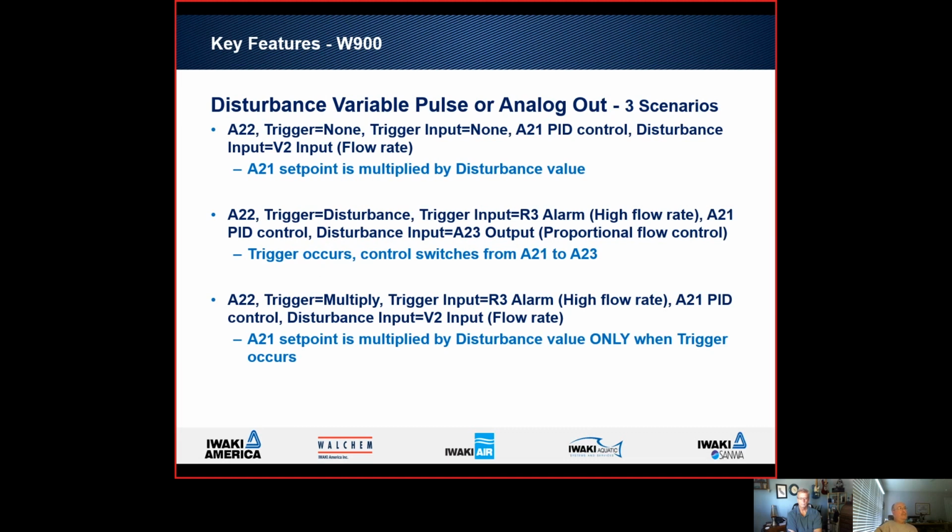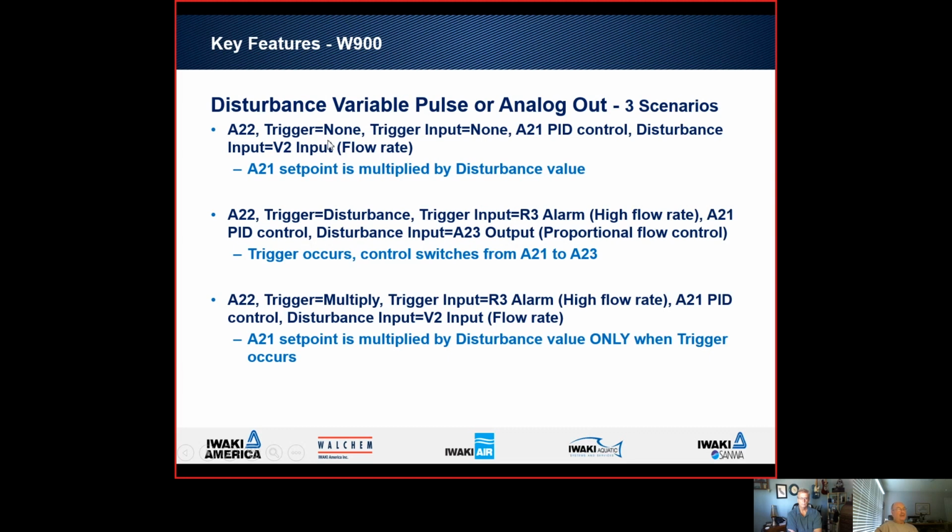If we're controlling a pump using an analog output, in this case A22, and in our menu the trigger is set to none, in this case the trigger will have no influence on the control output. So our A21 is a PID control, and that's how we're normally controlling the pump, and our disturbance input is a flow rate.